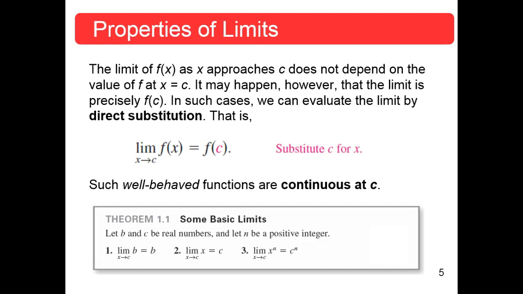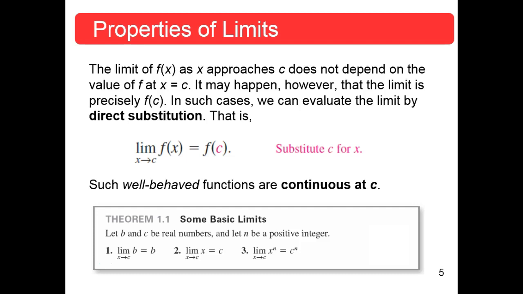Okay, got that. If b and c are real numbers and n is any positive integer, here are some things that are always true. Now this almost seems to be in such a duh category that you think, why do you even say it? But it is necessary to say. The limit of the number b as x approaches c is that number b. What are you talking about here?